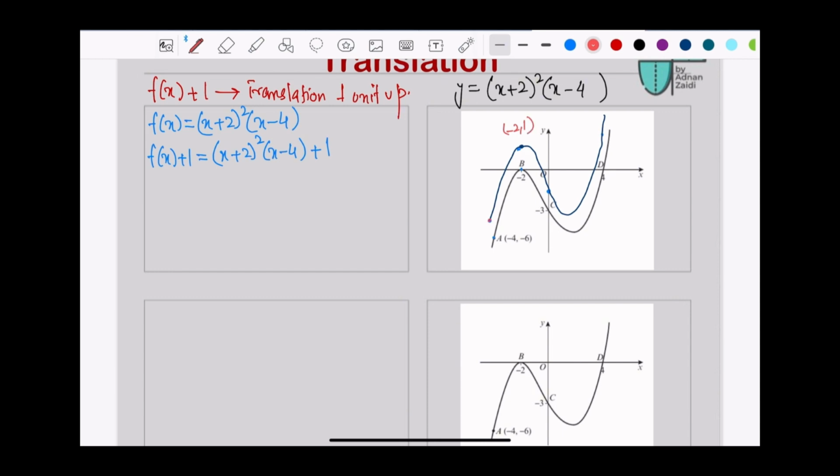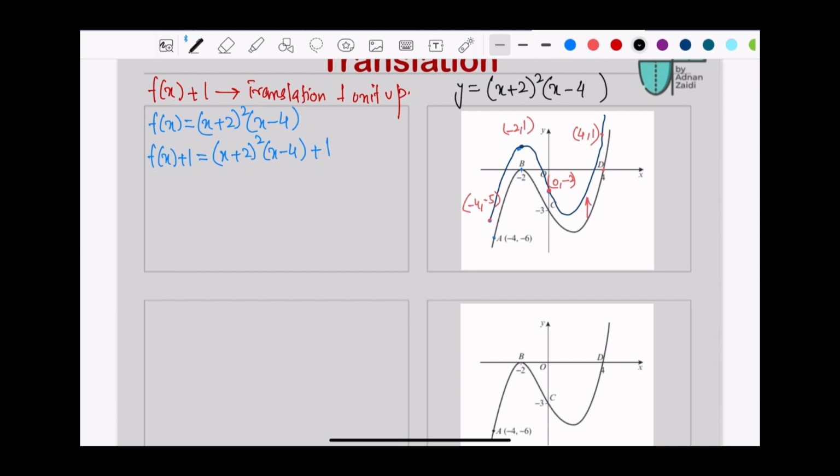This point here is going to be negative 4 comma negative 5 after moving 1 unit upward. The same goes with c, which was 0 comma negative 3, is now at 0 comma negative 2. This point here, which was at 4 comma 0, is now going to be at 4 comma 1. So can you see that the transition of the curve is just one? The whole curve moves. Every point which was located initially wherever is now moving 1 unit upward to complete the curve.